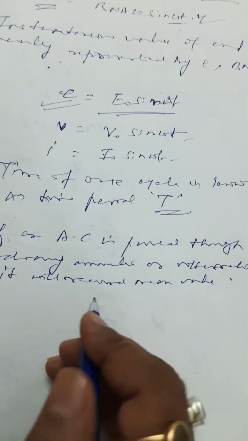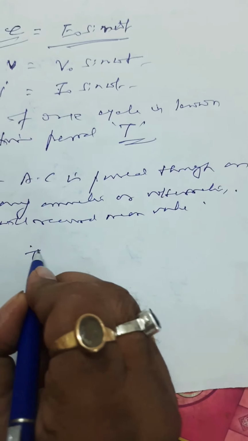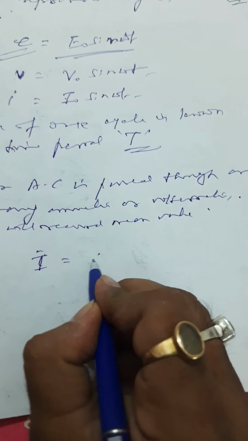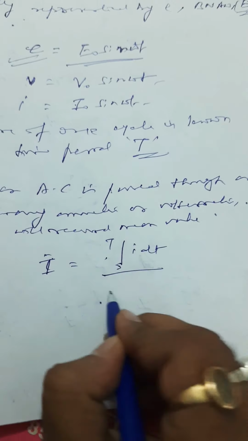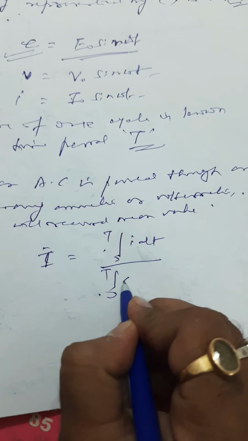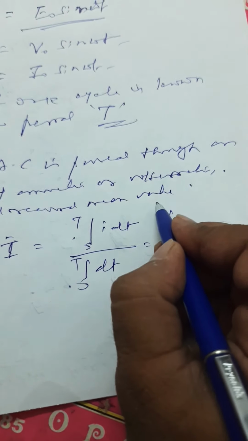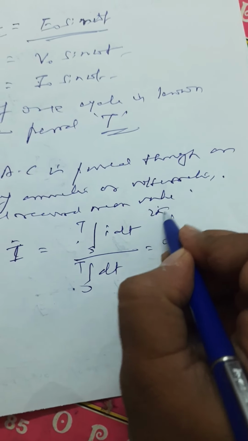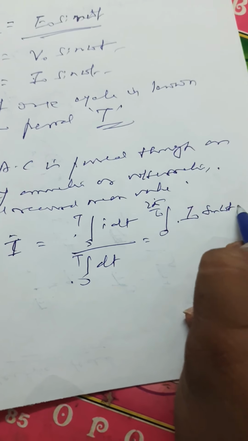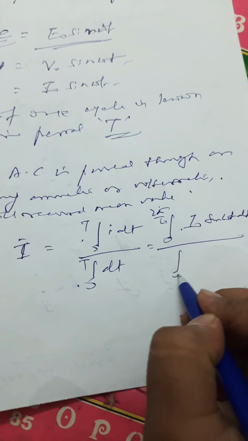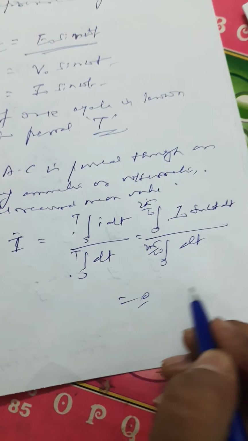So in that situation we'll write I bar, capital I bar, in fact that is the mean value, which will be given by integral 0 to T of I dt divided by integral 0 to T of dt, which is obviously equal to, with T equal to 2 pi by omega, integral of I naught sine omega t dt by integral 0 to 2 pi by omega of dt, which comes to be 0.